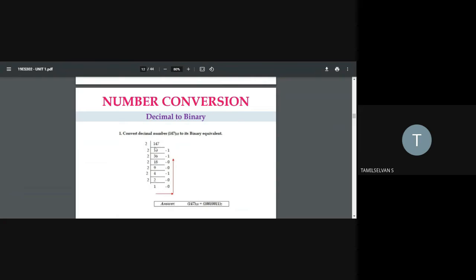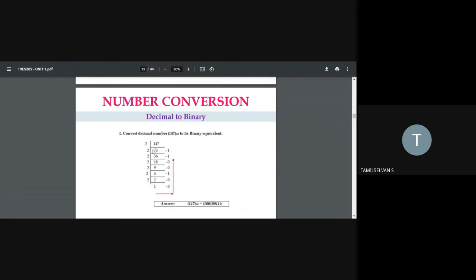What is meant by LCM? For example, please take this example. The given decimal number is 147. This number is divided by 2. 7 2s are 14, and 3 2s are 6. The remainder will be 1.